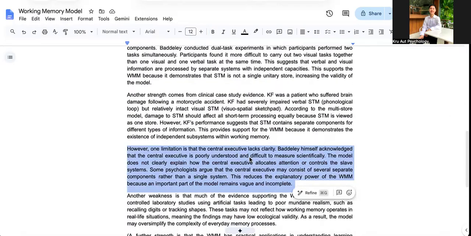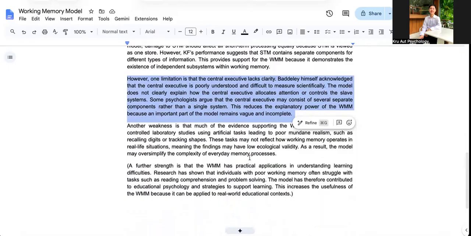Then, okay, let's look at the example I have. I have one that is very specific to the working memory model, which is the idea that one limitation is that the central executive lacks clarity. But Lee himself acknowledged that the central executive is poorly understood and difficult to measure scientifically. So that's the first point, that it lacks clarity in the weakness, then have a little bit to explain, then elaborate that.